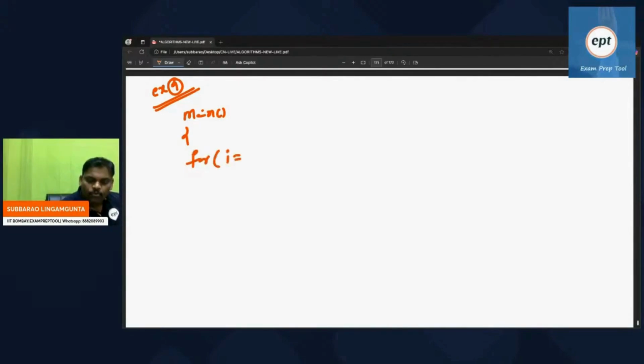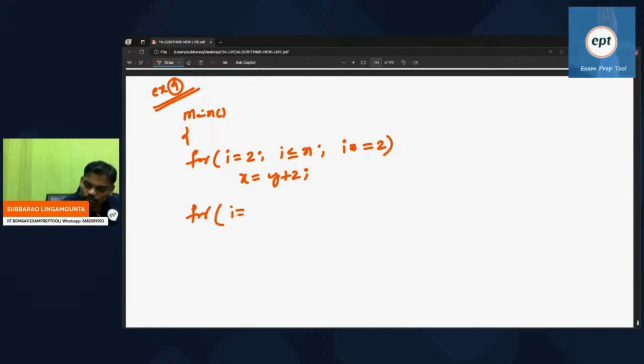For i equals 2, i less than or equal to n, i *= 2, x = y + z. For i equals 70, i less than or equal to n, i *= 4, x = y + z.